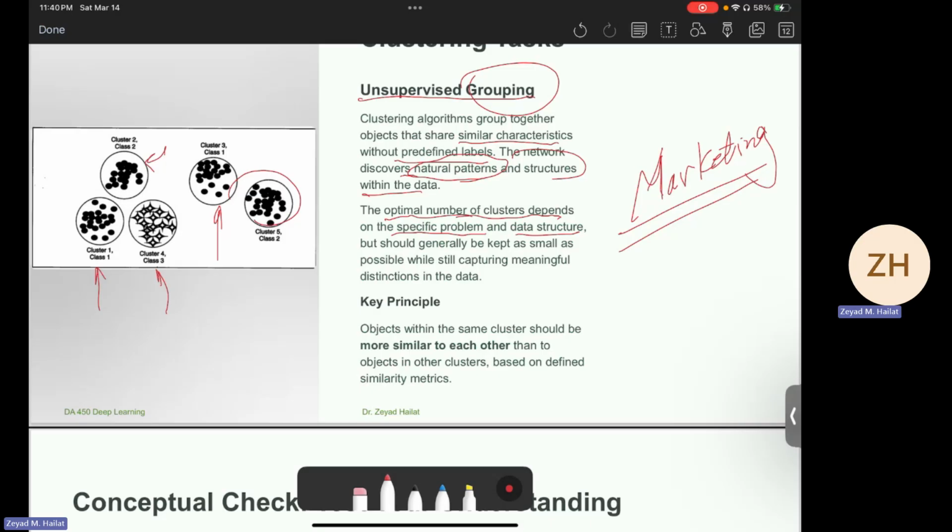You do not know their behaviors, so you apply clustering on this data. The number should generally be kept as small as possible while still capturing the meaningful distinctions of the data. So we need to find this K, the number of clusters, and keep it as minimal as possible, just to find the best number of clusters.